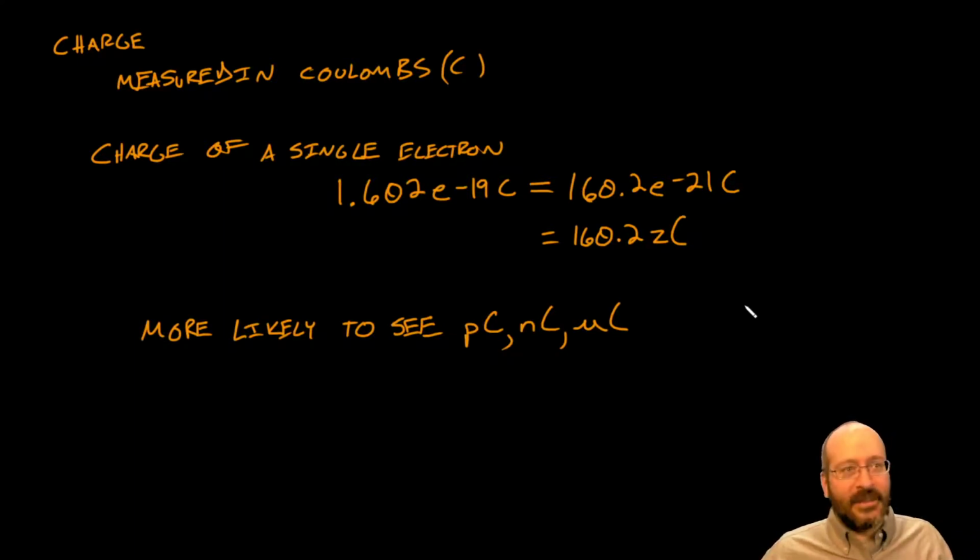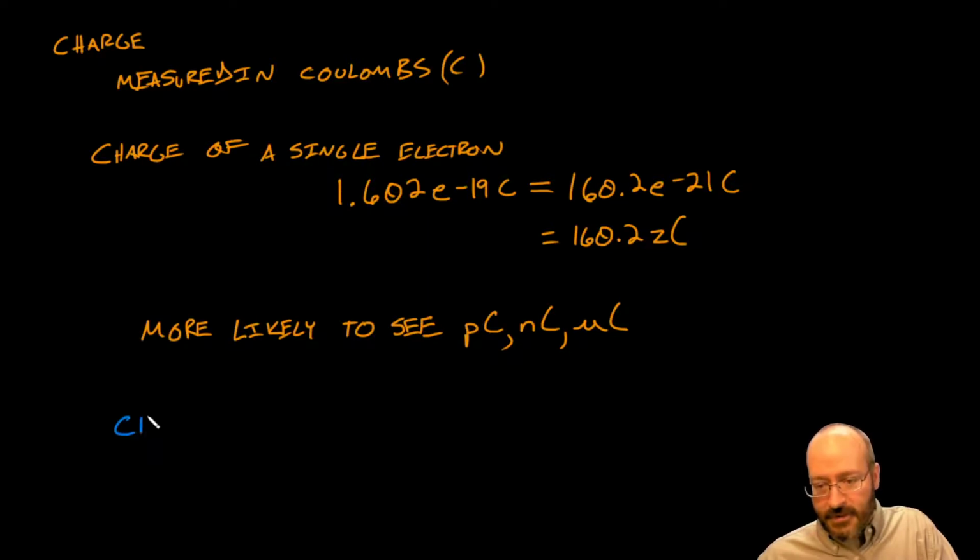Okay, we want to move this stuff around, and if we're going to talk about it, let's get a different color here and say charge. Okay, the unit for charge is coulombs.